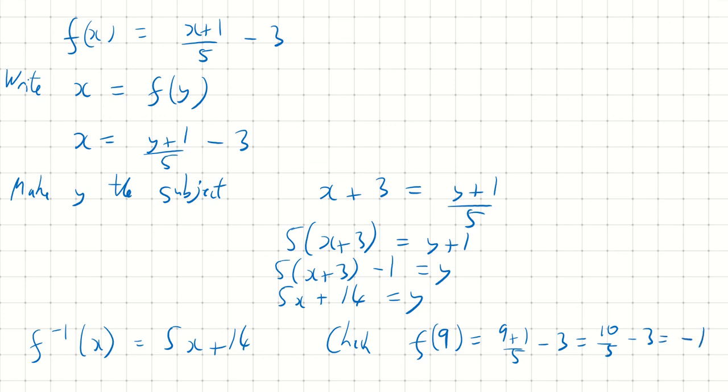Okay, now how about f^-1(-1)? If I put -1 into f^-1, I get 5 times -1 + 14 = -5 + 14 = 9, which is indeed what we started with. So if I apply f and then apply f^-1, I should get back to where I started. That worked out in this example, so we have indeed correctly found the inverse function.